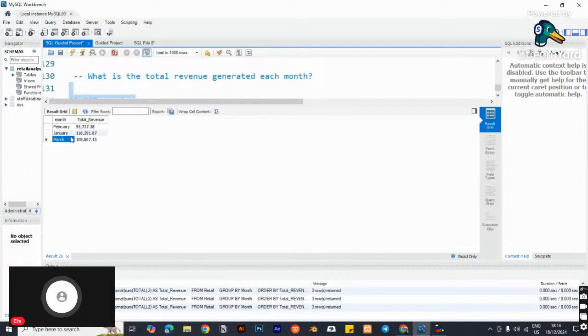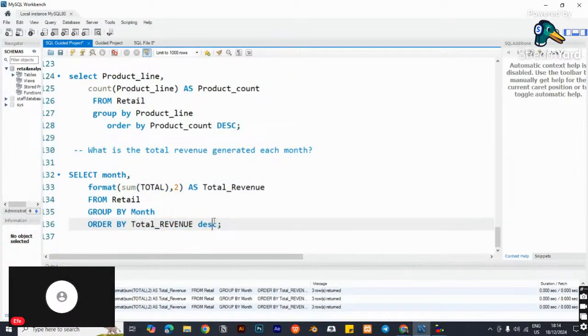We have January to be the highest. I'm surprised why this is giving me that. That's not descending order. Is it because I formatted it? Right. So we can attend to that later.